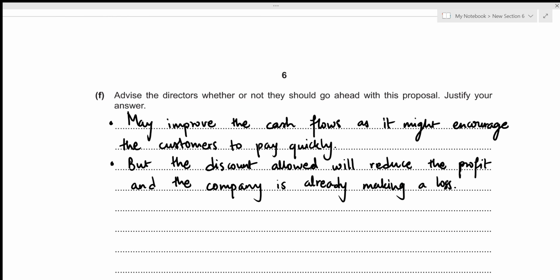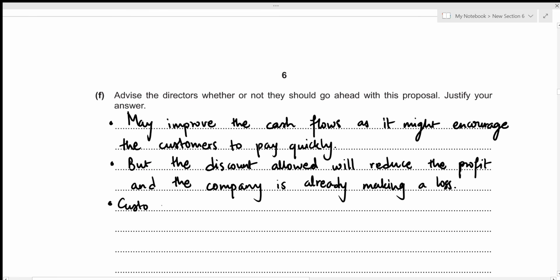Now, thirdly, this proposal states that only the customers having invoices greater than 2,000 are liable to this cash discount of 5%. So maybe the customers having invoices less than 2,000 might be offended with this decision of the company and may choose to buy their products from another supplier or another company. So that might reduce the customer base for our company, resulting in this proposal to go in a very bad way. Let's write this point as well.